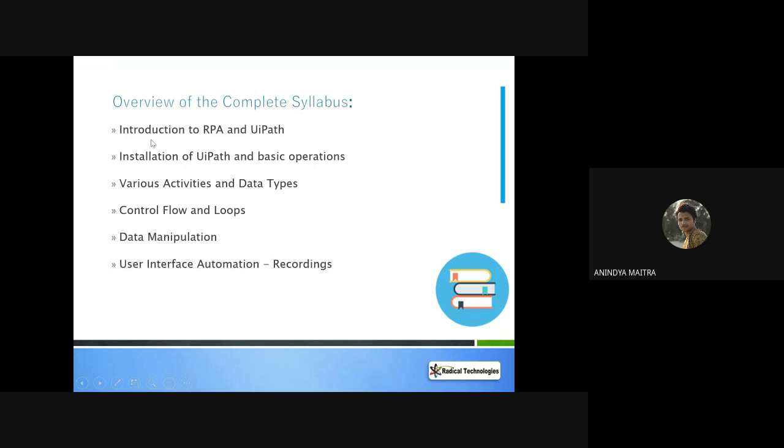Before we start this, can you please tell me what is the full form of RPA? Robotic process automation. Great. As the name suggests, there should be something robotic, not human intervened, and there should be a very defined process. And when I say automation, there should be some sort of automation.